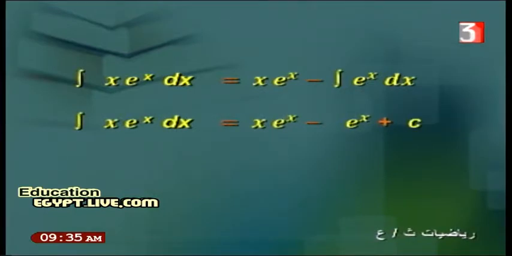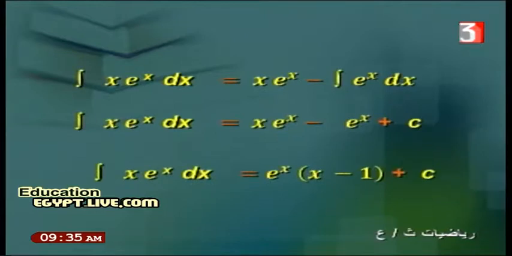Then the integration of x e power x dx equals x multiply e power x minus e power x plus the constant c, and we can write the result as e power x multiply (x minus 1), after we take e power x as a common factor, (x minus 1) plus the constant c.